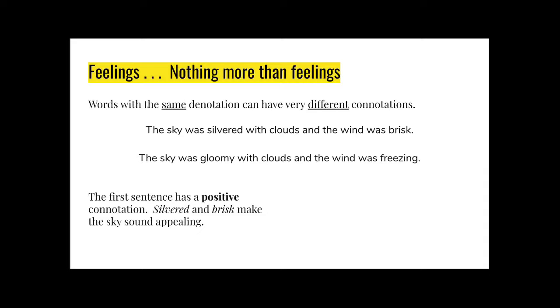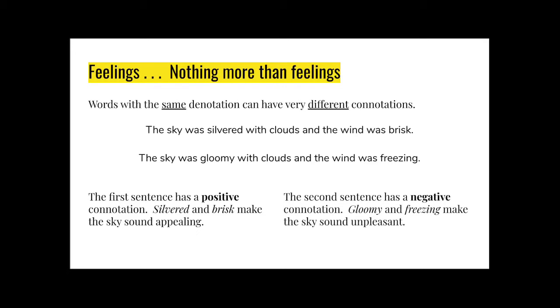We see the first sentence has a positive connotation. Silvered and brisk really make the sky sound appealing. However, the second sentence has a negative connotation. Gloomy and freezing make the sky actually sound unpleasant. Even though these sentences are saying the same thing, the author's word choices actually influences your emotions.